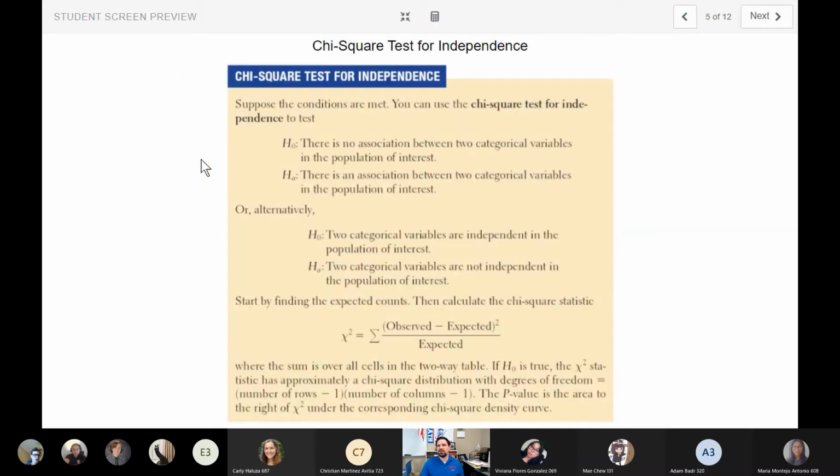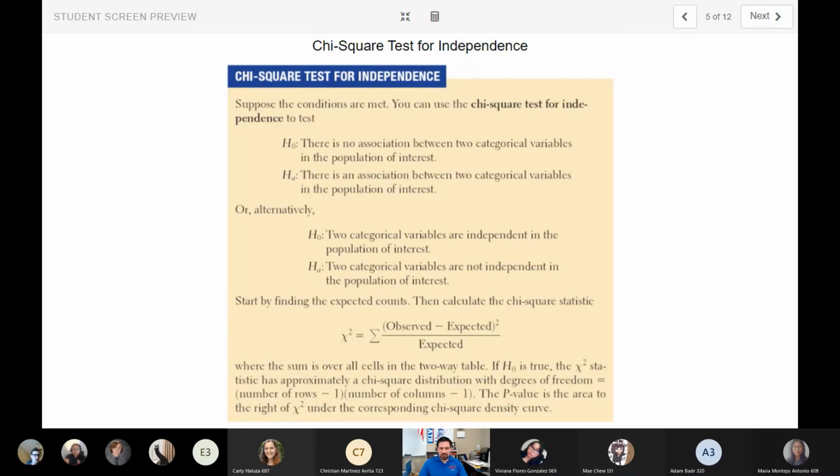And then we have our quick rundown for the chi-square test for independence. It is essentially the same as what we just saw, except now our null and alternative hypotheses have to do with association or independence. We can write our null hypothesis as there is no association between two categorical variables in the population of interest, versus the alternative that there is an association between two categorical variables in the population of interest.